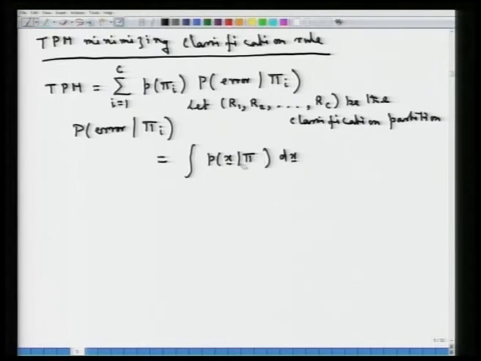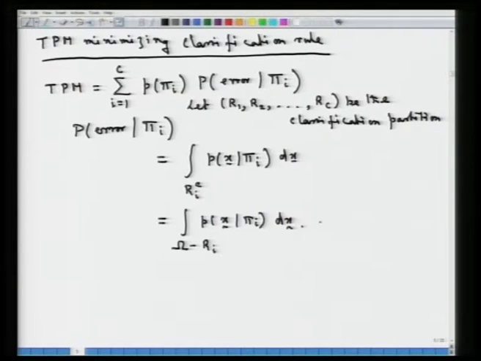So, this is the integral over the complementary region of Ri, because if x belongs to Ri, then we are going to correctly classify it into pi i. Otherwise, if x belongs to any other Rj, j not equal to i, it is misclassified. Hence this term can be written as the integral over omega minus Ri of p of x given pi i dx.